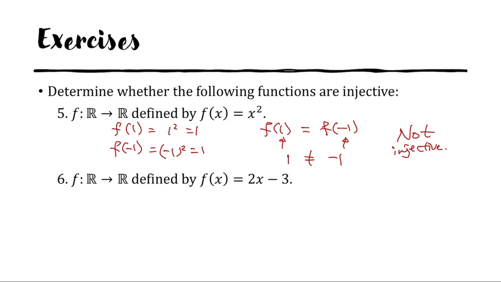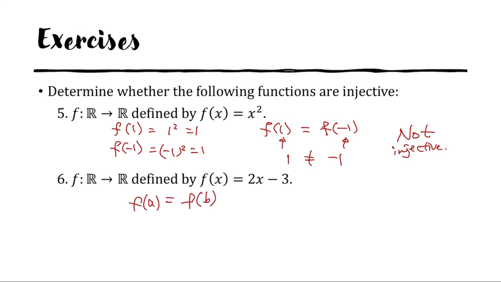Okay, so I see people say it's injective. Now, if it's injective, then we need to show there are no two inputs that have the same output. So if we have f(a) equal to f(b), then we need to show a equals b at the end.